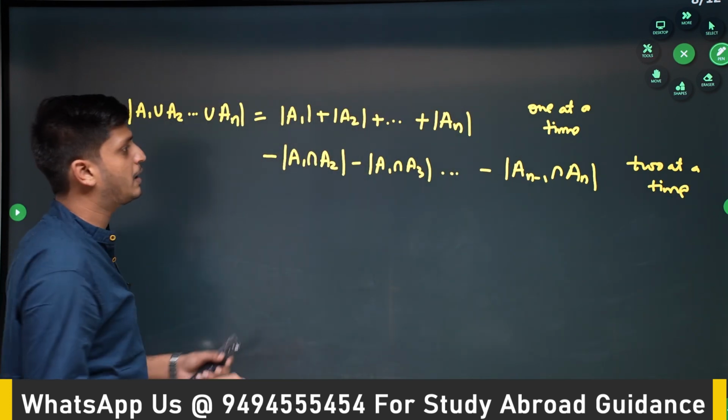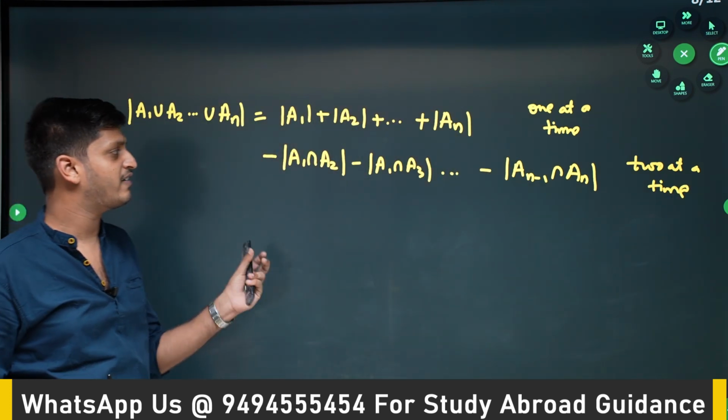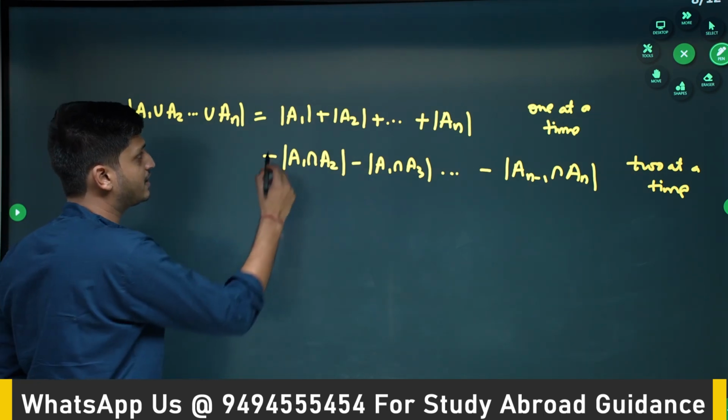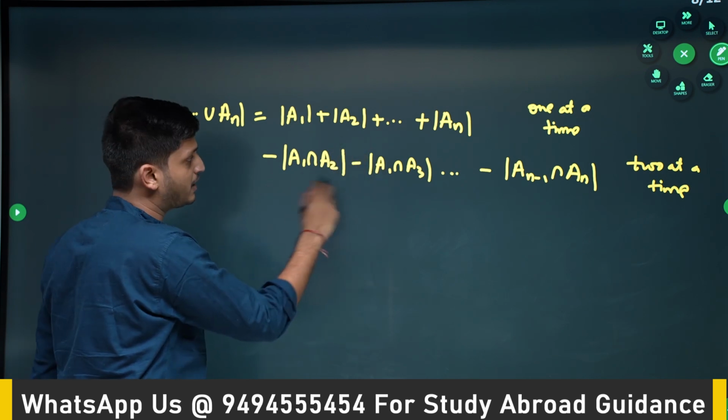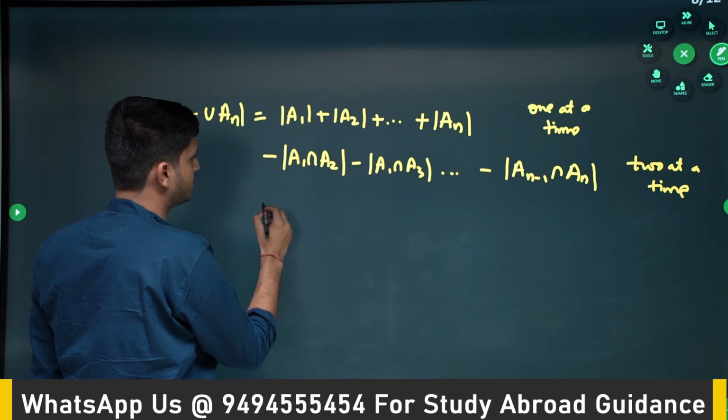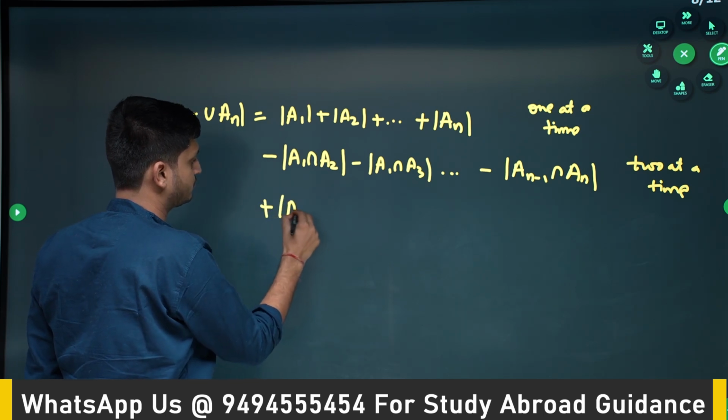And then, so what happens? So consider the set A1 intersection A2 intersection A3. A1, A2, A3 all. So it is counted 3 times here and subtracted 3 times here: A1, A2, A1, A3 and A2, A3. So we have to add it once. So we'll add 3 at a time.